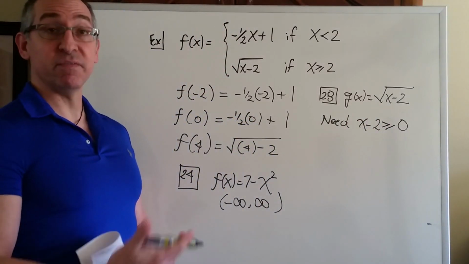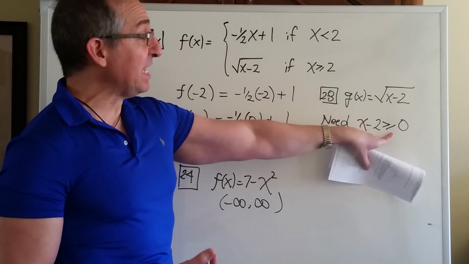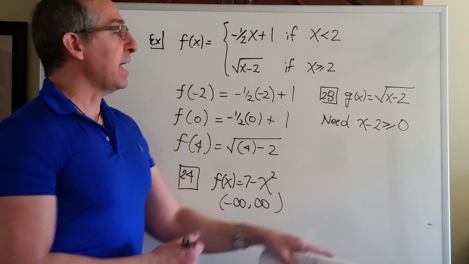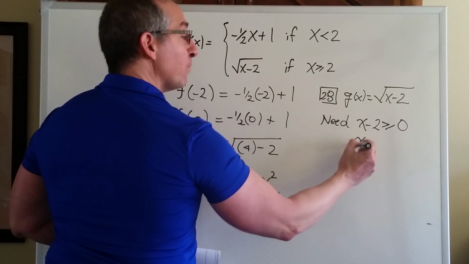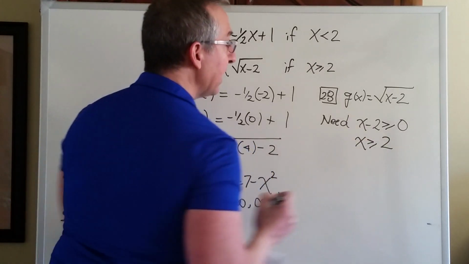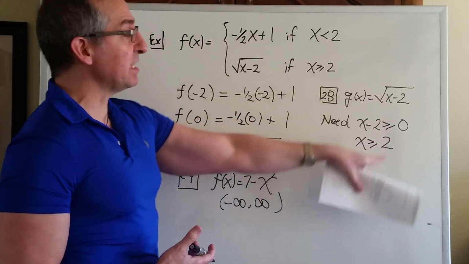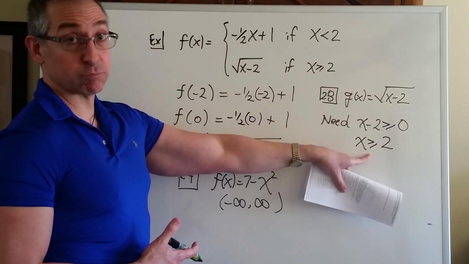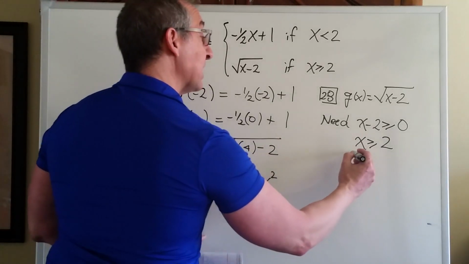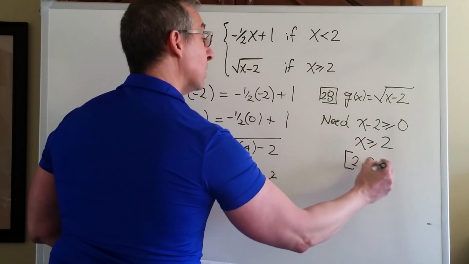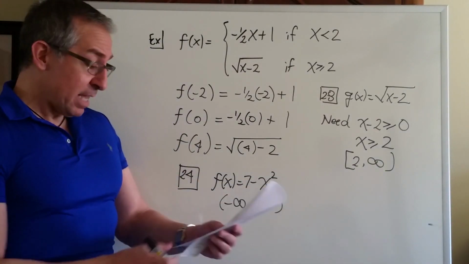Because you can't take square roots of negative numbers. You can take the square root of 0, that's okay, so that's why I've got the equals right here. Solve this inequality by adding 2 to the other side. So we say that the acceptable values of x that we can force into this function are all those numbers to the right of 2, including the 2. In interval notation, it looks like this. Okay, so that's the domain of our function.